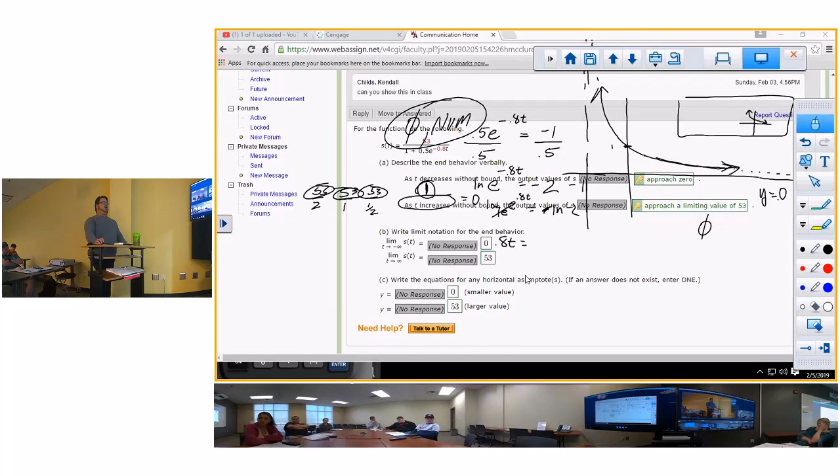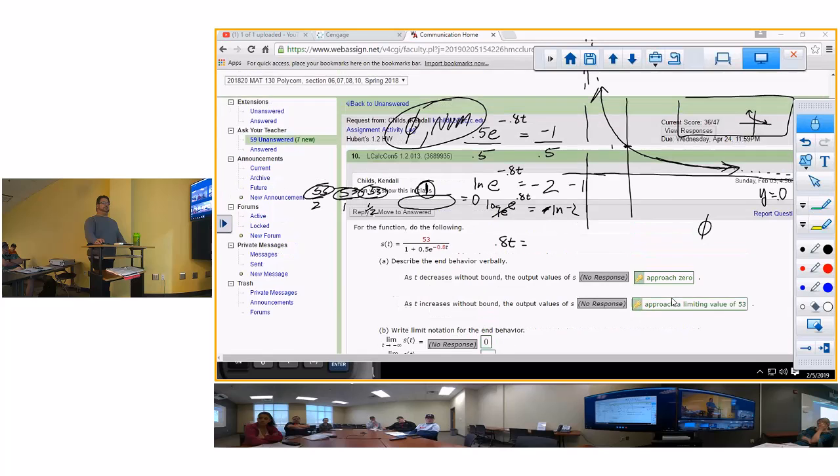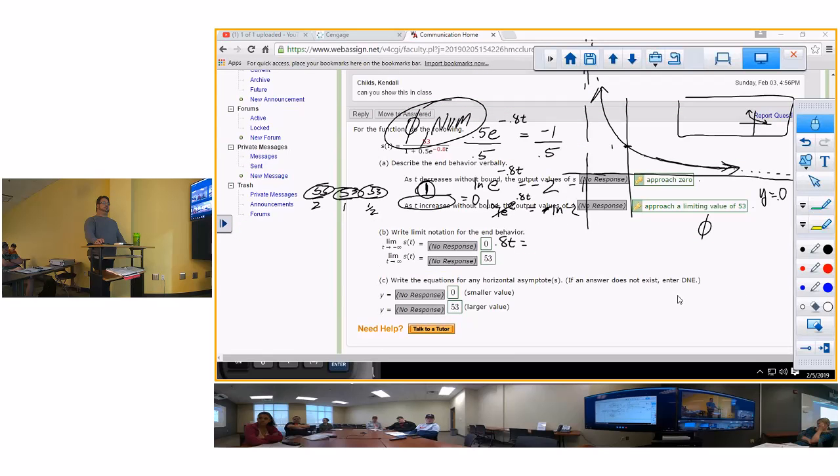But see, what are all the answers in response to? 0 and 53. You can't do anything with this function except for 0 or 53. If you actually graph this function, you'll see what I'm talking about. Graph it on the calculator, but make sure you put what in parentheses?